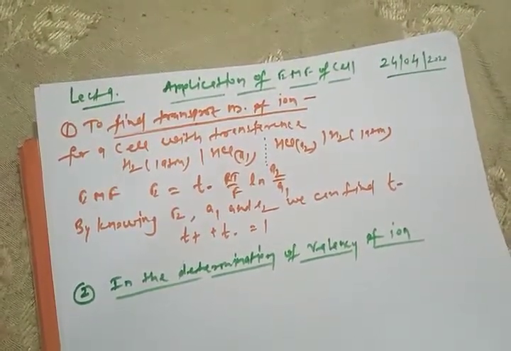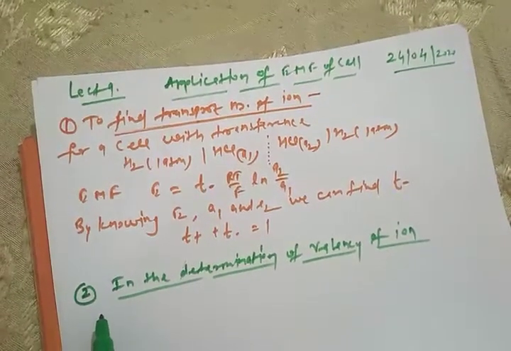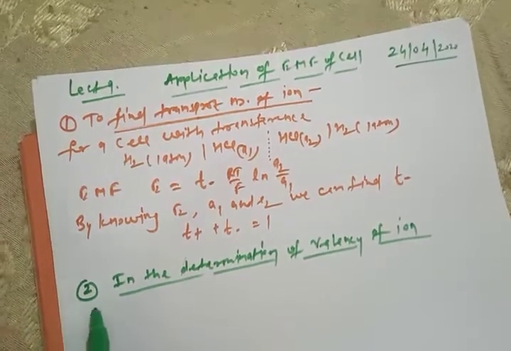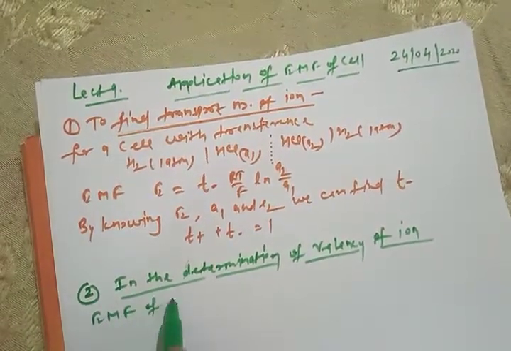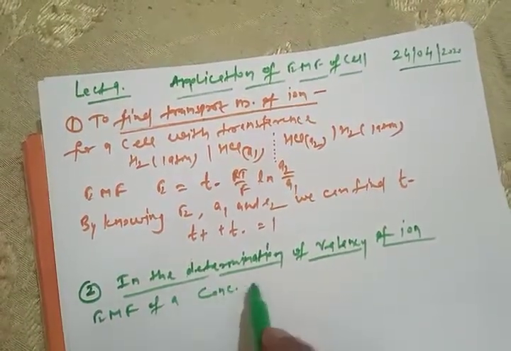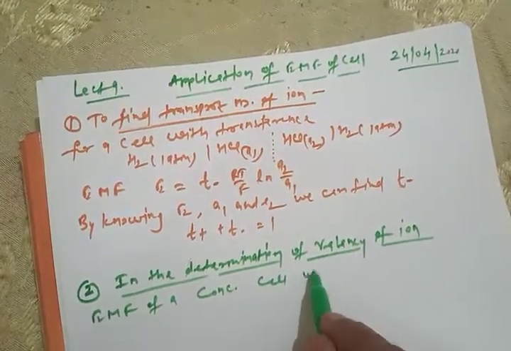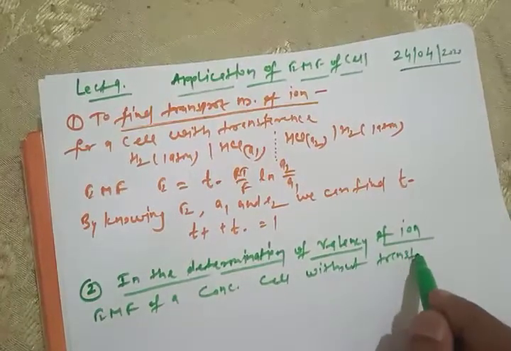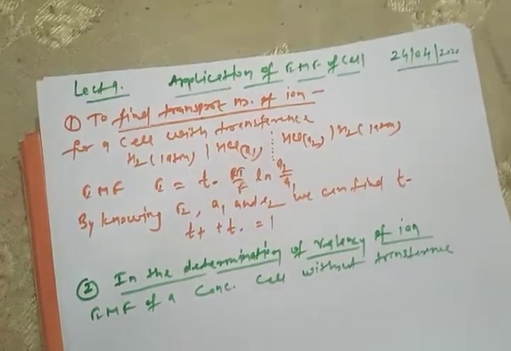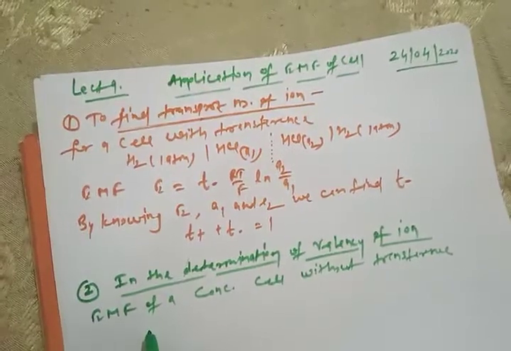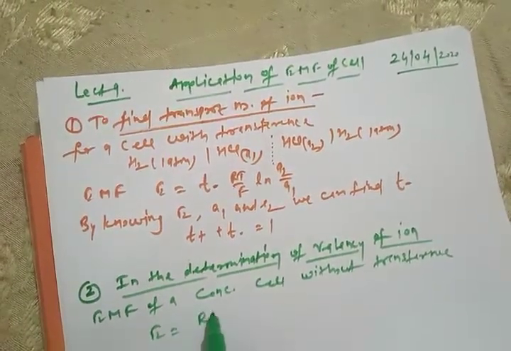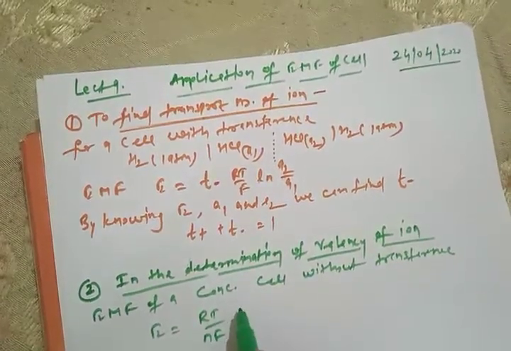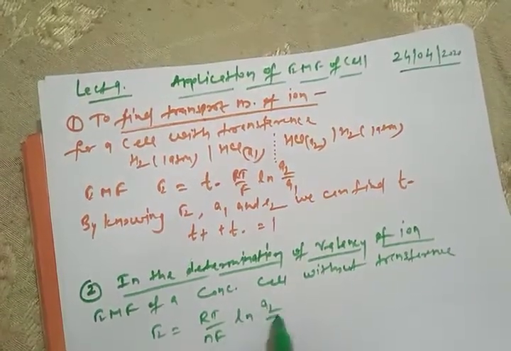Here we'll take the EMF of a concentration cell without transference. For that we have EMF equals RT upon nF, ln activity 2 upon activity 1.